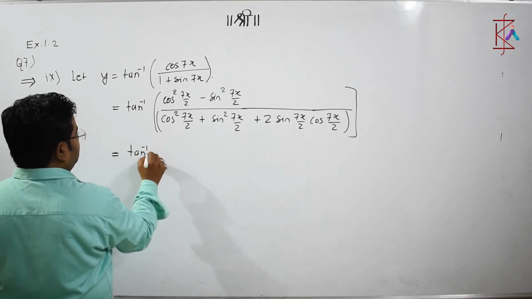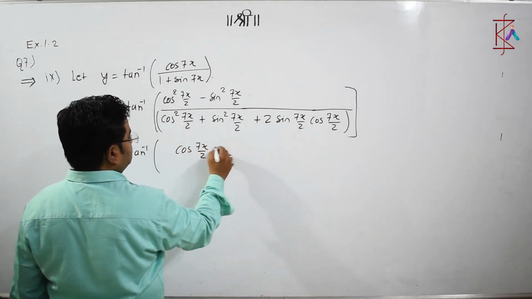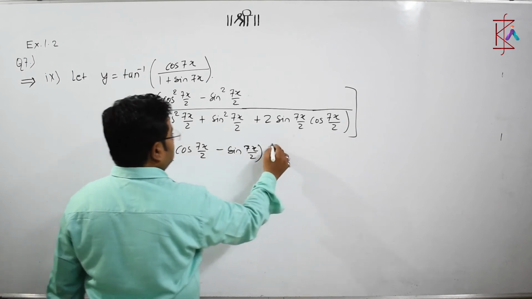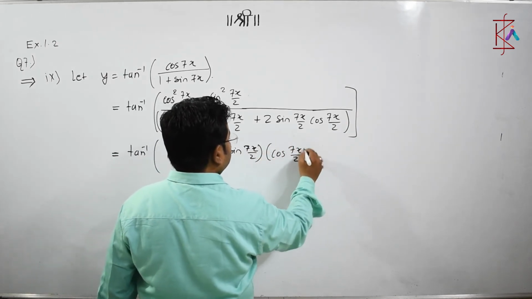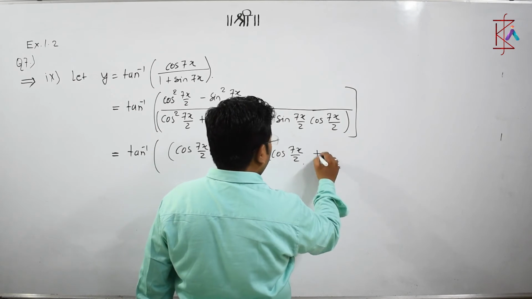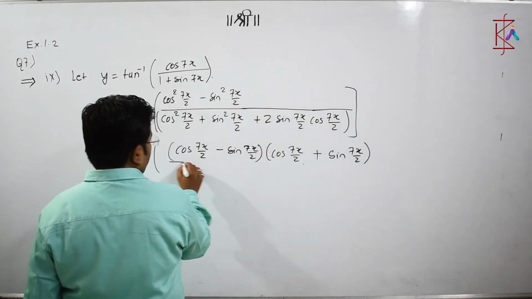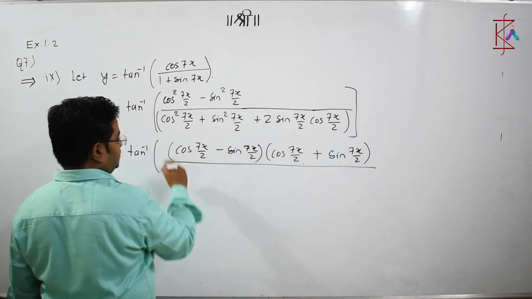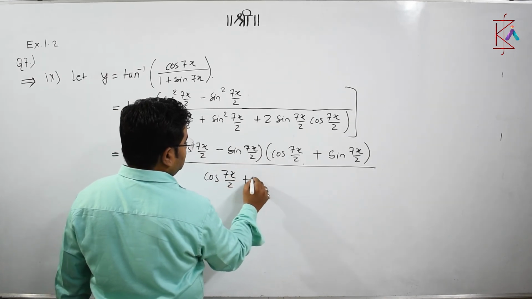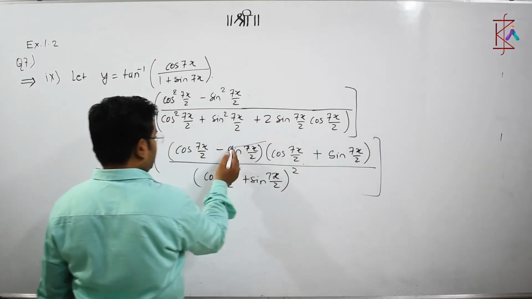So tan inverse of (cos(7x/2) minus sin(7x/2)) into (cos(7x/2) plus sin(7x/2)), as we are using the a plus b into a minus b formula, divided by (cos(7x/2) plus sin(7x/2)) whole square.